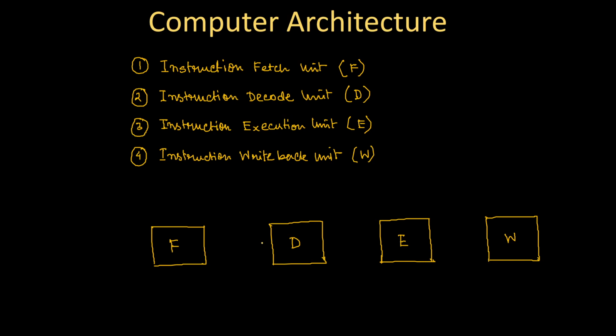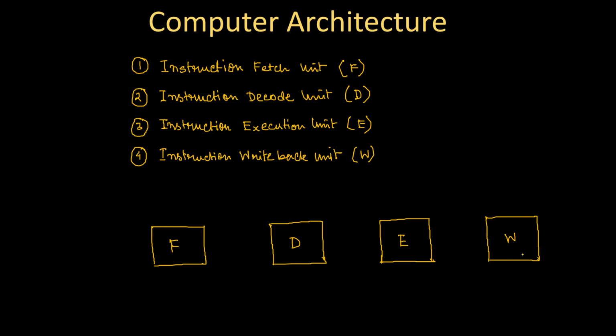Now if you connect them directly, it may not work properly. What is the reason? Because you cannot guarantee every time that the fetch unit, decode unit, execution unit and write back unit all work for every instruction with a similar amount of time.